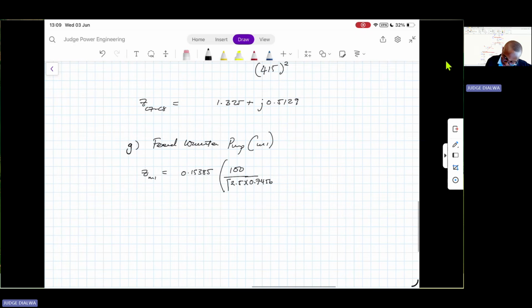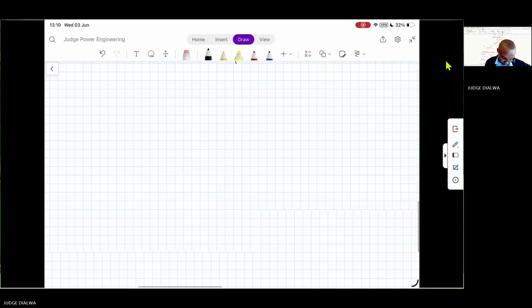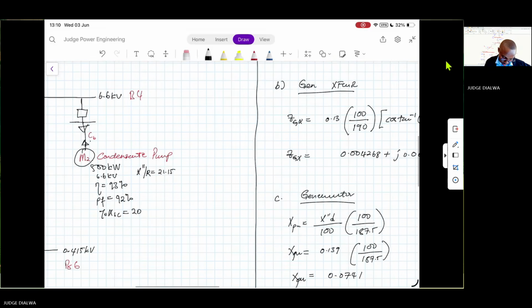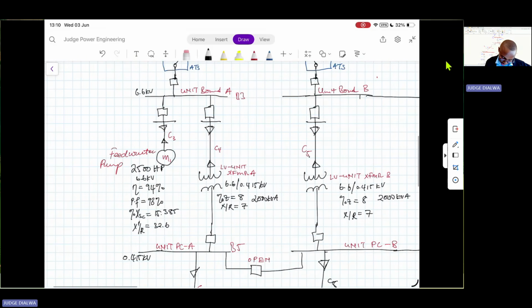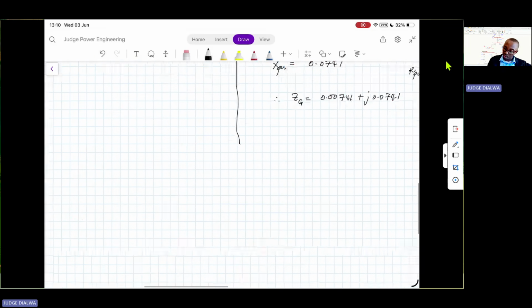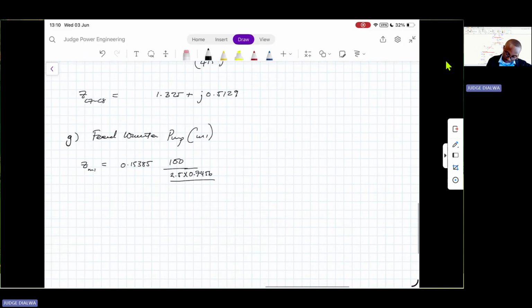Then all this is divided by the power factor. The power factor is 93%, the efficiency is 94%. So that would be 0.93 times 0.94.